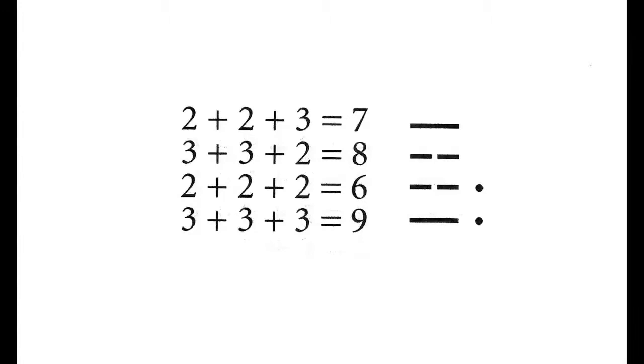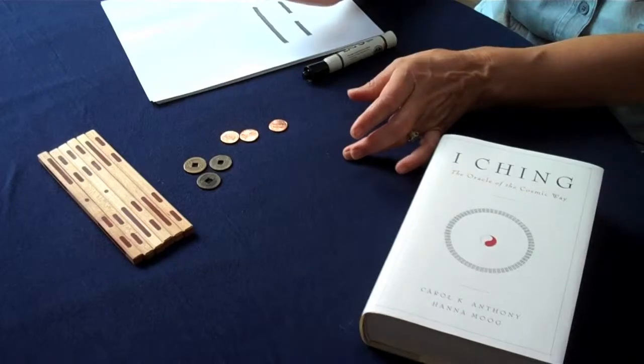Either a simple light line, a simple dark line, a light line that indicates transformation, or a dark line that indicates transformation. Here is a chart that shows us which kind of line we receive depending on the total value of our coin toss. The dots beside the line indicate a possible transformation.